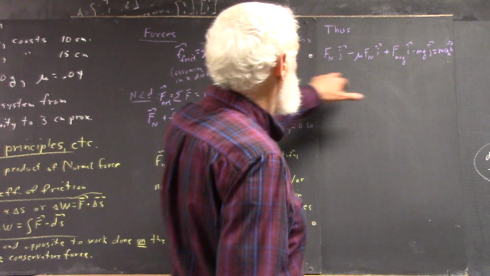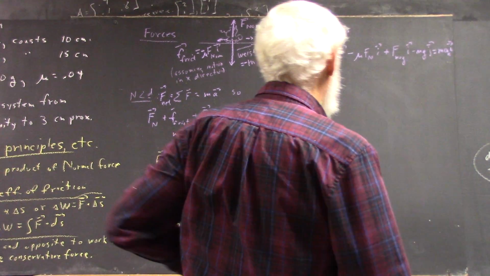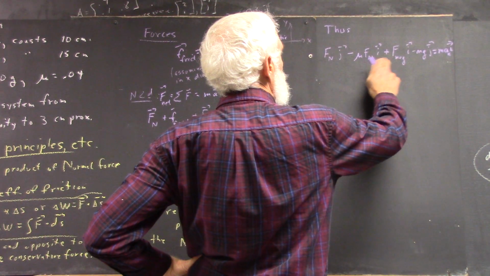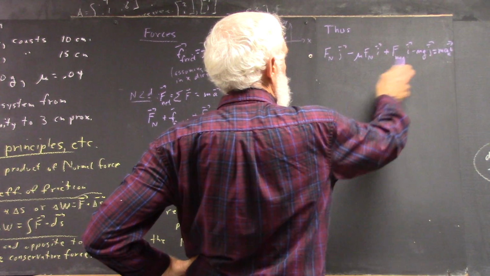Okay, so here we have an equation. We collect terms. This term and this term are multiples of the I vector. This, and so is this one.